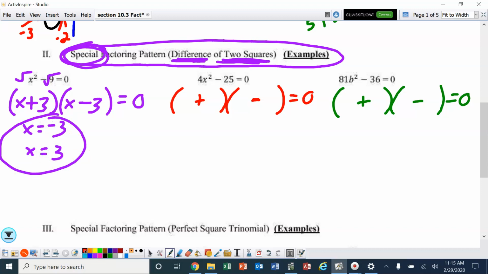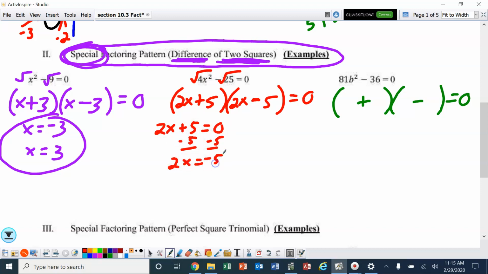Okay, the next one. Square root of 4x squared is 2x, 2x. Square root of 25 is 5, 5. Now I'm going to go into a little bit more detail on this one. So we have 2x plus 5. I'm going to set that equal to 0. Now when I solve, I take away 5, and then I divide by 2. So my solution here is -5/2.